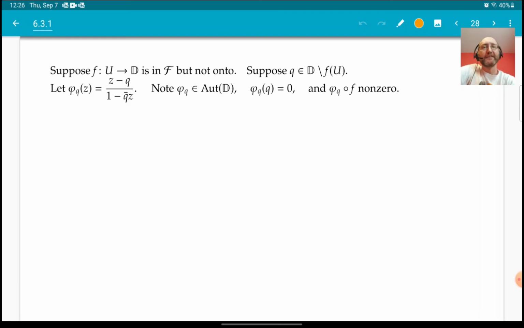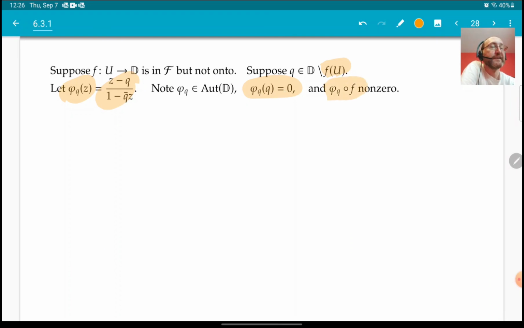And let phi sub q be this automorphism, z minus q divided by 1 minus q bar z. That's the automorphism that takes q to 0, and it takes 0 to minus q. So q was the point that was not in the image of f, and we're taking it to 0.